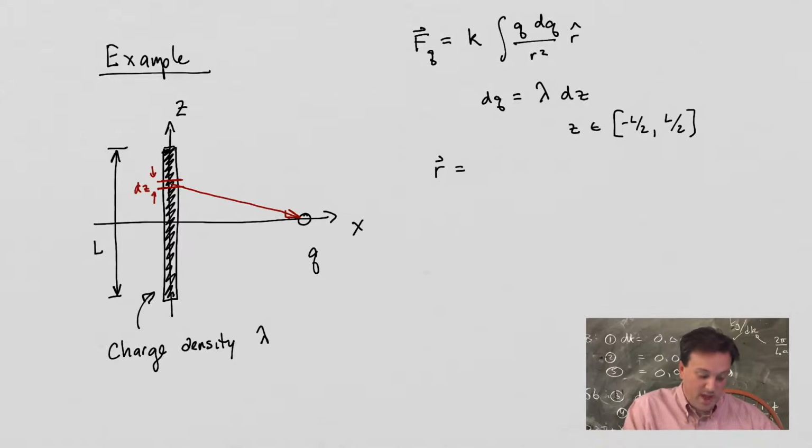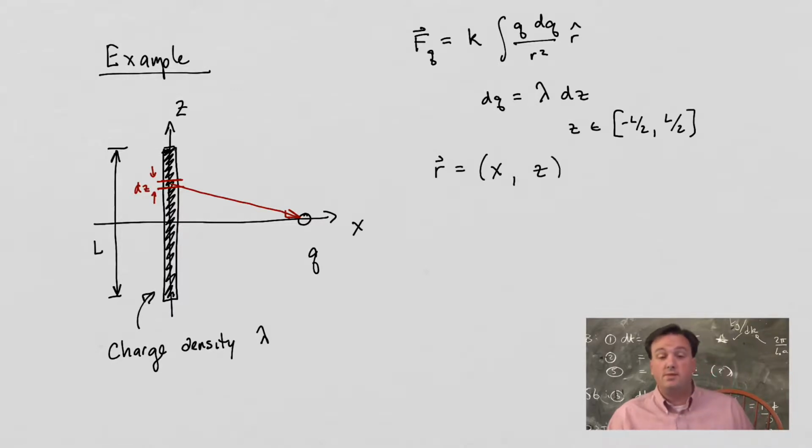If the x distance is just x, and the vertical distance is given by z, I've almost completely identified my vector r, with the exception that if z is positive, in what direction is this vector pointing? It's pointing down and to the right, which means that the vector r actually has a minus sign here.